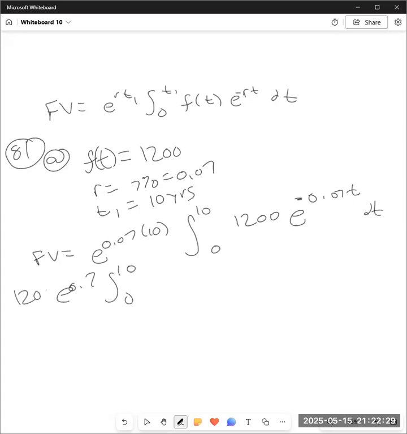This is 1200, comes out here. e to the negative 0.07 t dt, negative 0.07 divided by negative 0.07 is going to be 1200 divided by negative 0.07.